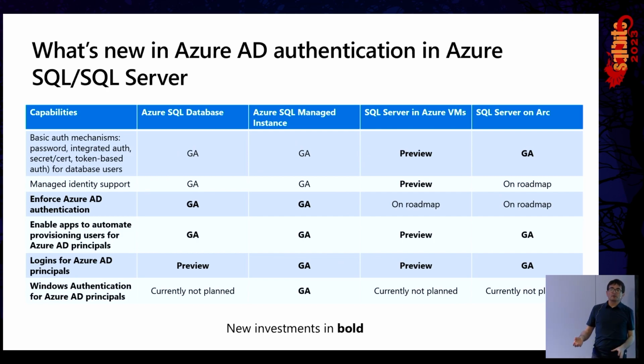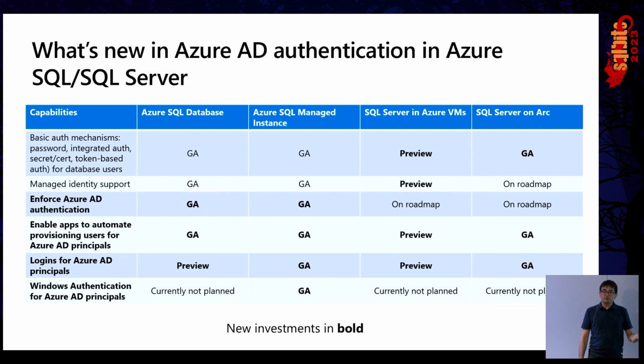The ability to enforce Azure Active Directory authentication and block SQL authentication completely, okay? That's available in the first two products, DB and MI. Automating user and login provisioning for users and logins that map to Azure AD principals. You will see what I mean by that in a short demo I'll show you later.